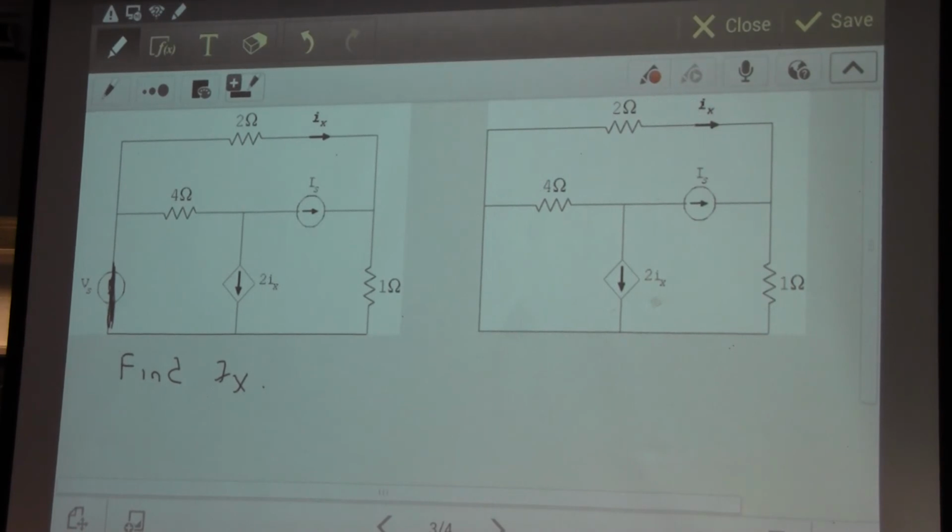What's the current through the 1 ohm resistor?